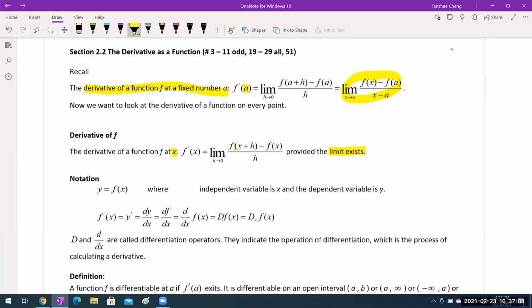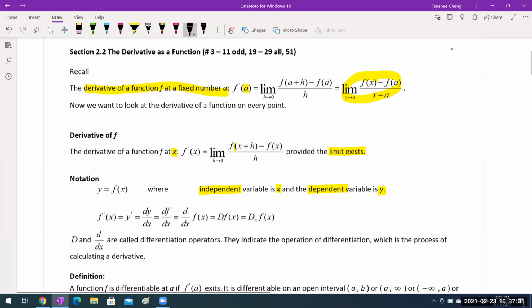So it's basically referring to the derivative with respect to x, where you can see that x is the independent variable and y is the dependent variable. Right? And we can also denote it d f of x and dx f of x.